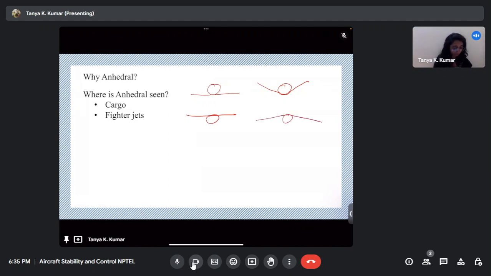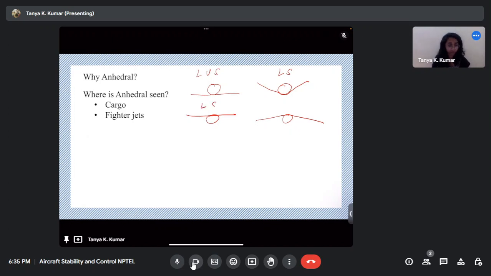So, in terms of lateral stability, the low wing is unstable, right? So laterally unstable. Now when you give a dihedral angle to the low wing aircraft, it becomes laterally stable, more laterally stable, okay?